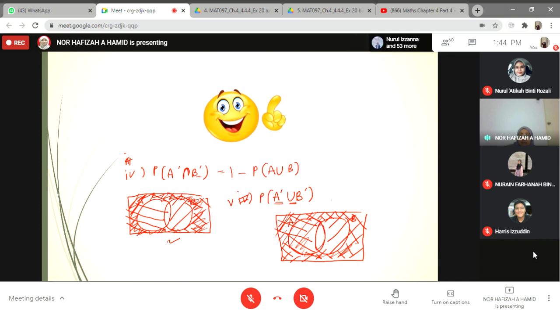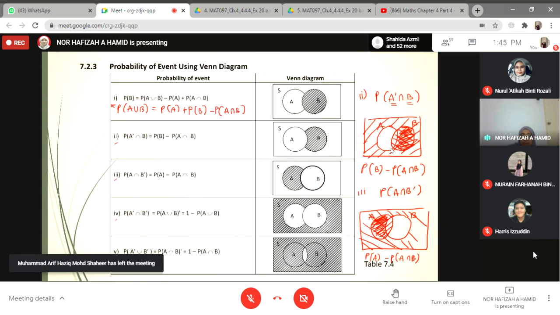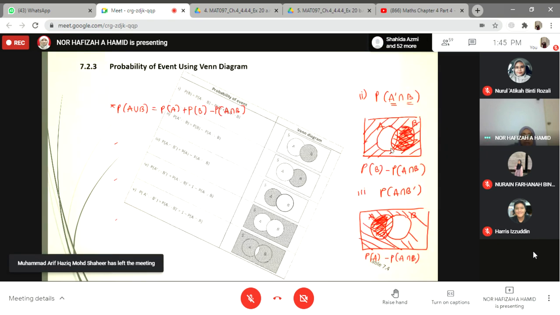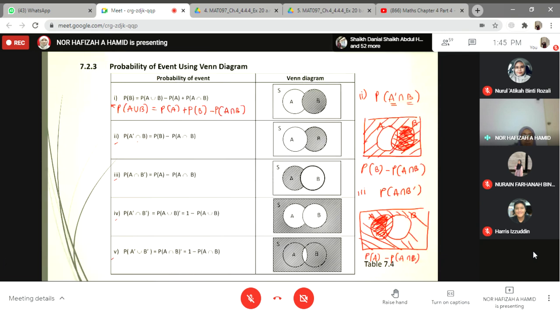So formula dia is 1 minus probability of A intersect B. Minus dengan yang center ni intersection, nanti you akan dapat semua region. Ni kalau you nak base pada Venn diagram. Tapi depends lah, kalau you tak nak pakai Venn diagram, you boleh hafal this 5 formula. Formula penting, number 2, 3, 4 dengan 5.